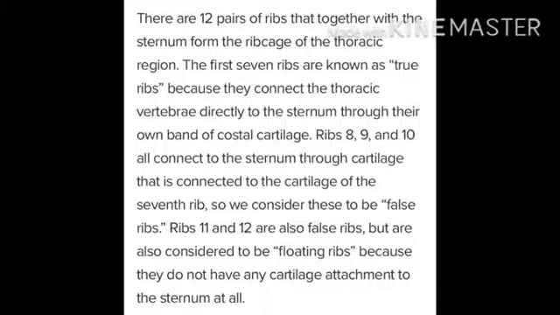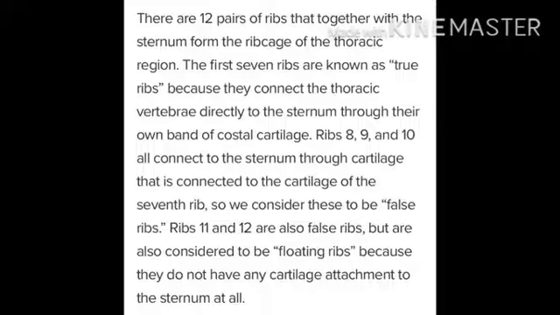The first 7 ribs are known as true ribs because they connect the thoracic vertebrae directly to the sternum through their own bands of costal cartilages. Ribs 8, 9, 10 all connect to the sternum through cartilages that are connected to the cartilage of the 7th ribs.